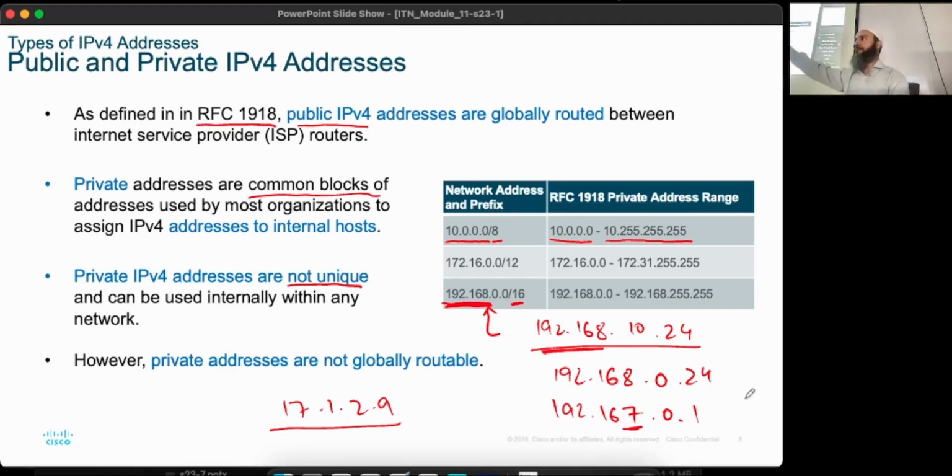Otherwise, it's public. Make sense? So if you give me any IP address, for example, 17.2.9.15. I see. Does it fall in this range? No, because we have a 10 here. Then over here, we have 172.16. So again, it doesn't fall here. 192, it doesn't fall here. So this is public. Means always the router is public.